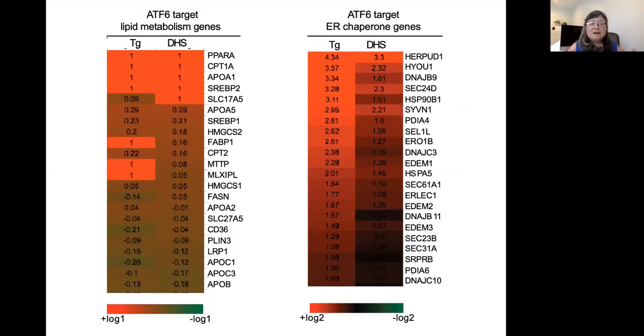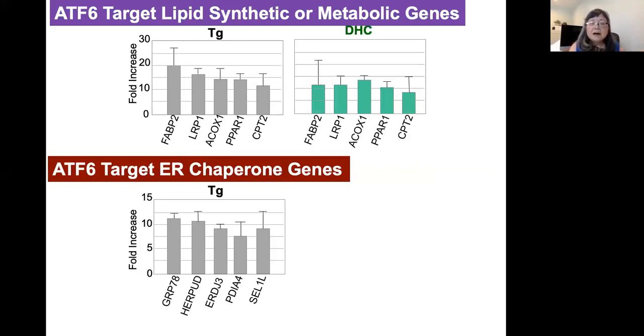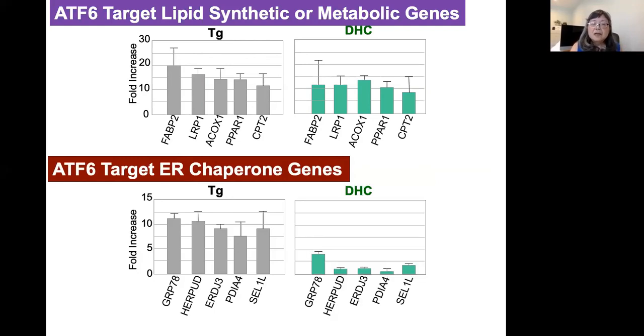But before we get too excited about it, we wanted to make sure that the nuclear form of ATF6 that is generated is active as a transcription factor. So we performed genome-wide transcriptome analysis. When we looked at previously defined ATF6 target genes, particularly those related to some sort of lipid function, we found that their transcription is robustly activated.